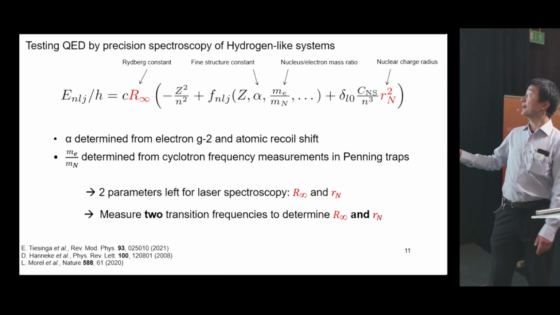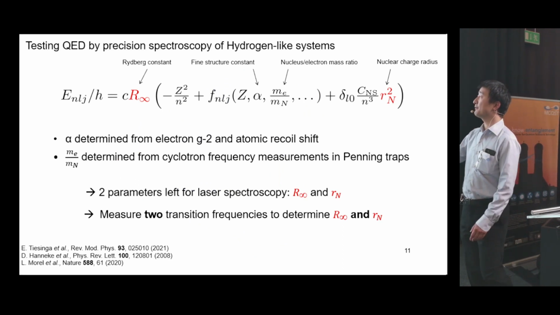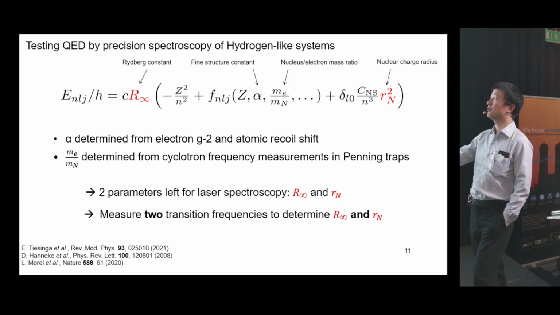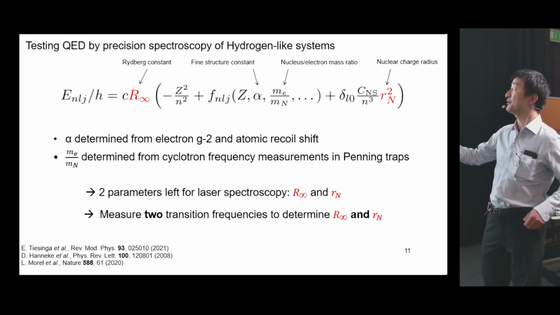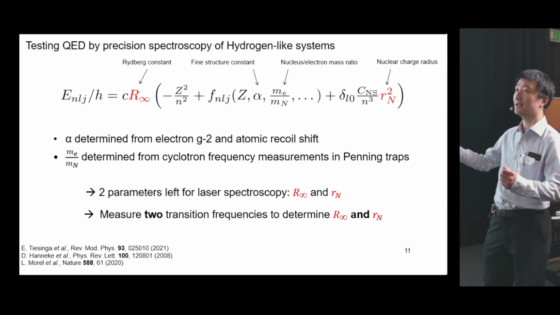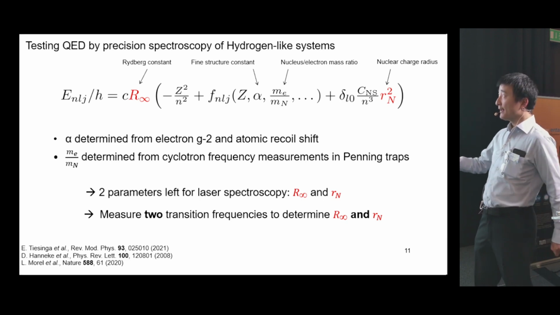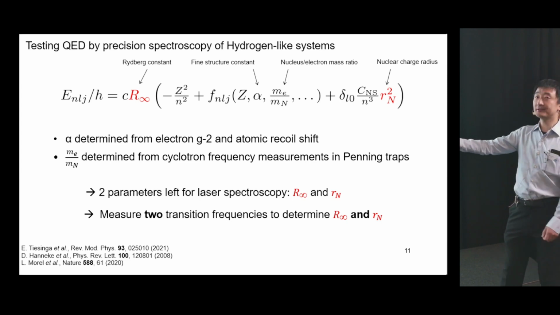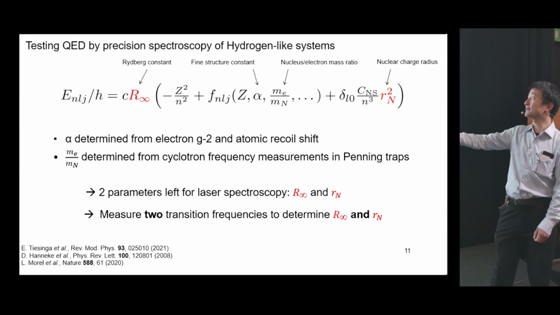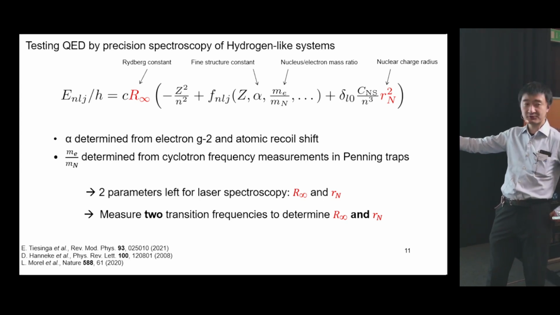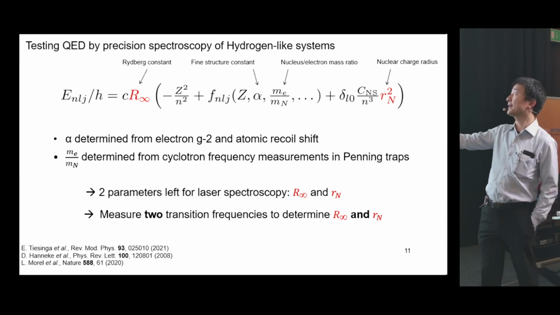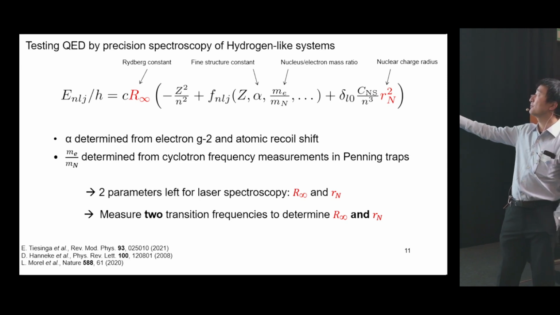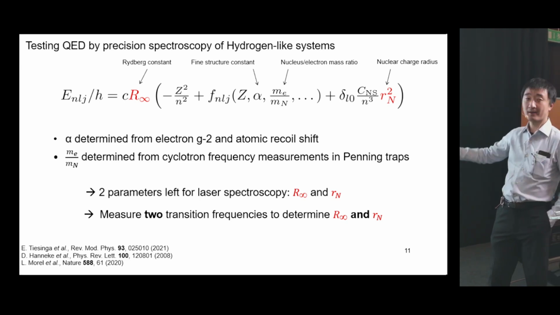By using quantum electrodynamics, this is a simplified expression to describe the state energy of a hydrogen-like system. A hydrogen-like system is just a two-body system, a nucleus and one electron. The energy of the state is proportional to the Rydberg constant. This first term is the famous 1/n² scaling that can also be derived from the Schrödinger equation. And there are higher order contributions from quantum electrodynamics.